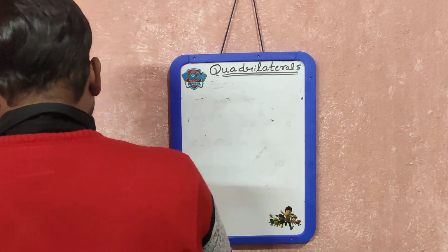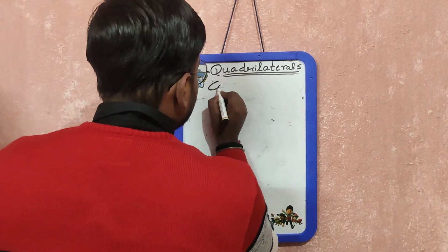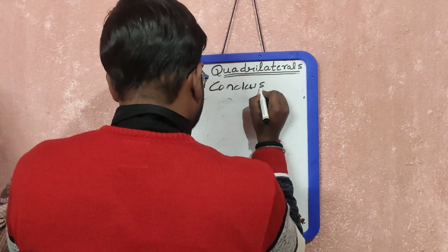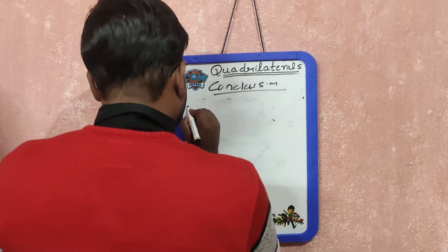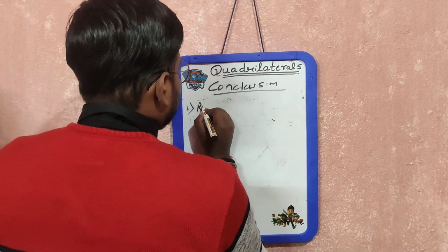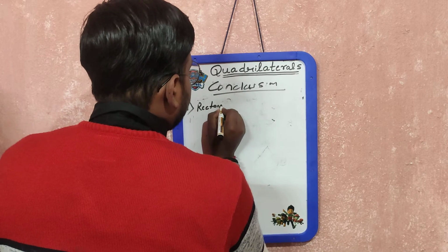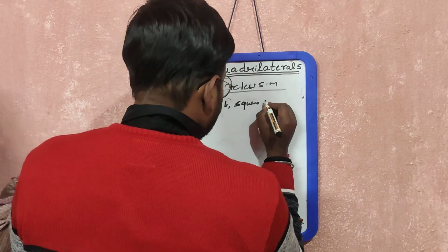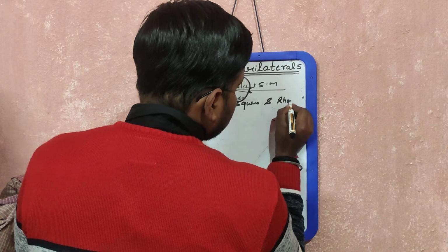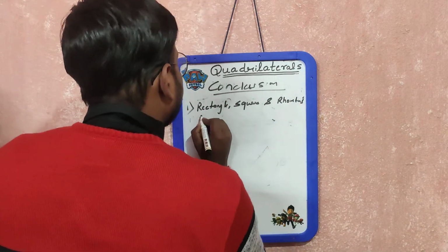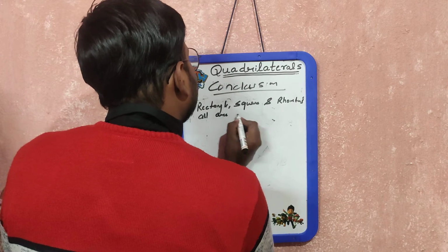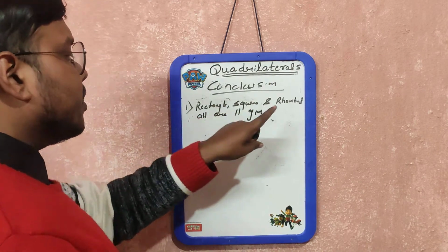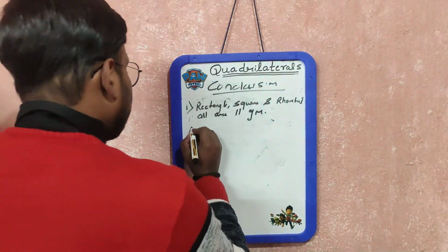If we move towards the conclusion, the first point is rectangle, square and rhombus all are parallelogram. Rectangle, square, rhombus all are said to be parallelogram.